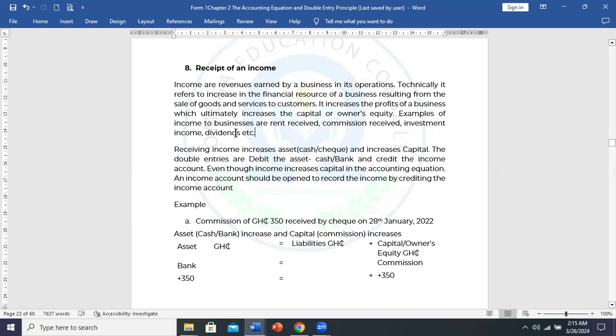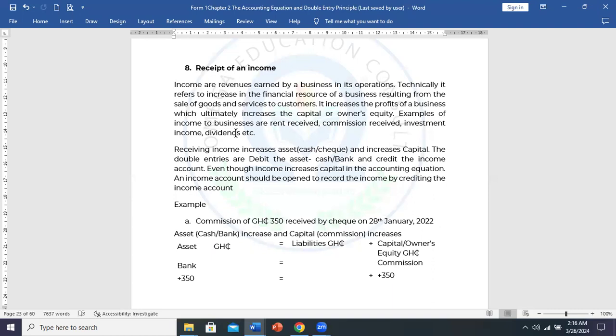So you can note that somewhere. Dividends are returns received by shareholders of a company, right? I want to believe you have been taken through the forms of business ownership where you have sole proprietorship, partnership, and companies. So when you invest in a company, you are referred to as a shareholder, and anything you receive from the company as income is dividend.